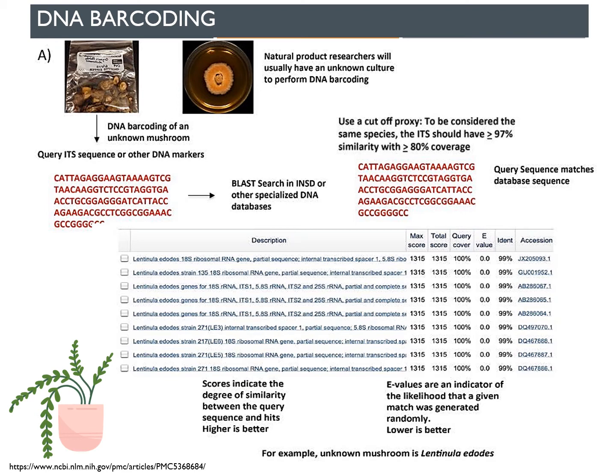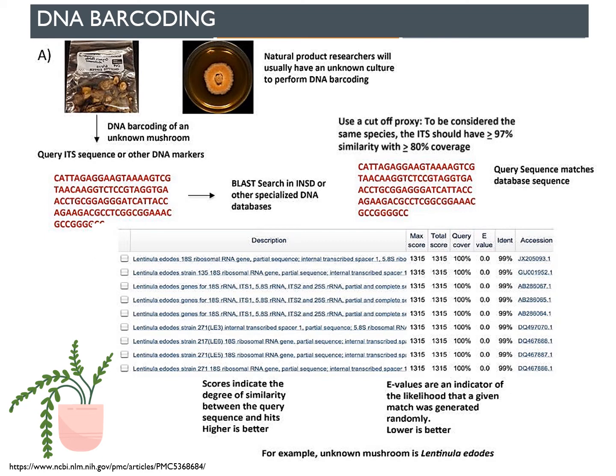And then after you get the result, you will have to use a cutoff proxy to be considered the same species, that the ITS should have more than 97% similarity with more than 80% coverage.